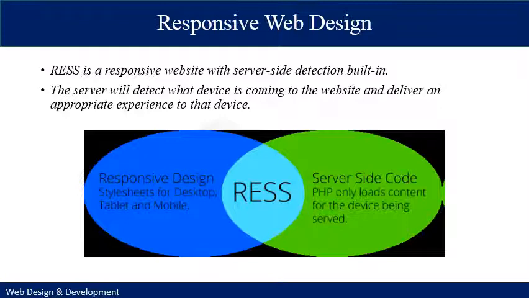That means responsive design, such as style sheets for desktop, tablets and mobiles, is transferred to the requesting device, and the server code itself translates and loads only the content for the device being served.